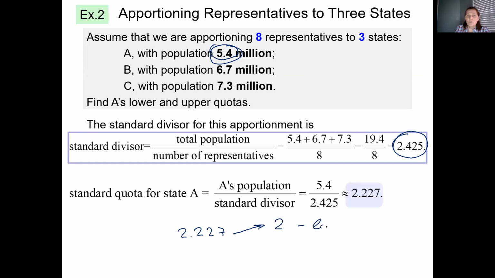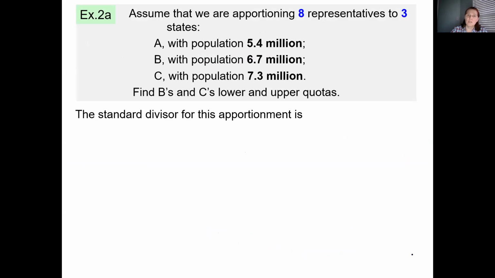This is the lower quota. If we round it up, it will be 3. This is the upper quota for state A. So an apportionment that satisfies the quota rule must give either 2 or 3 for state A.